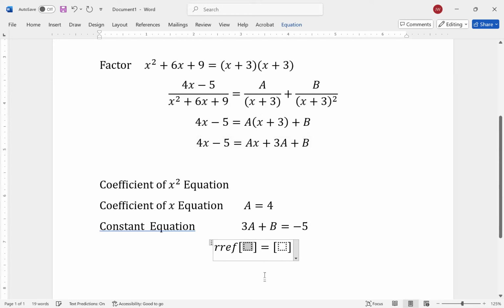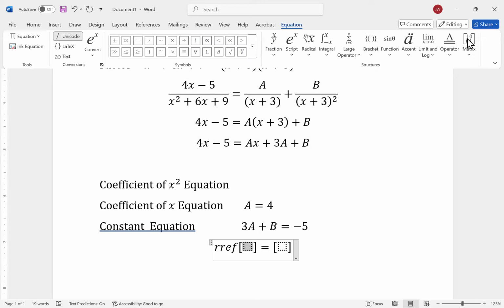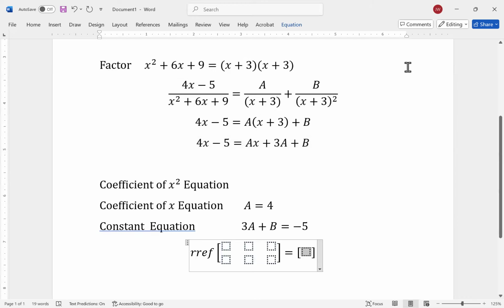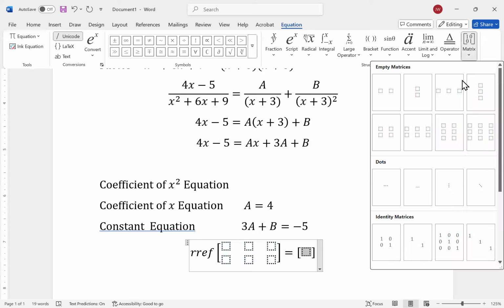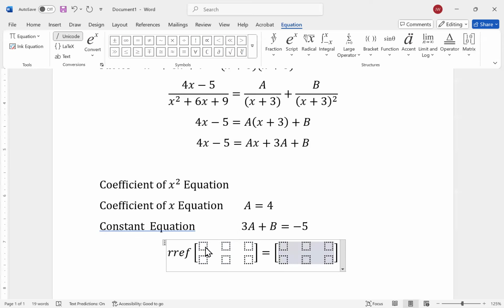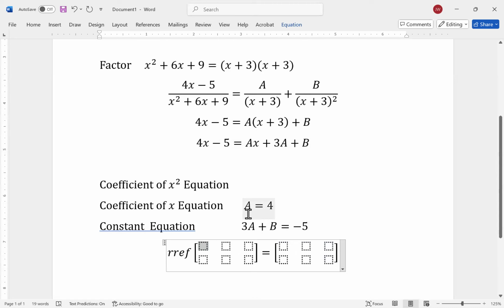Now, if we want to do the RREF, we could take, in this case, a 2x3 matrix, take RREF, get another 2x3. This one is just as easy just to say, well, A has to be 4, and then plug in A. You get 12 plus B has to be -5, so B would have to be, excuse me, -17. But you could also do the RREF thing as well.